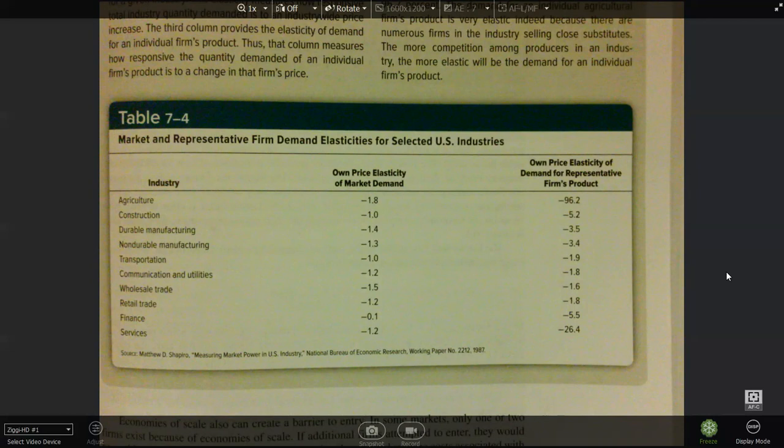When the Rothschild index is close to 0, the elasticity of demand for an individual firm is much greater than the elasticity of the market demand. And when it is close to 1, that's more of a monopoly position.